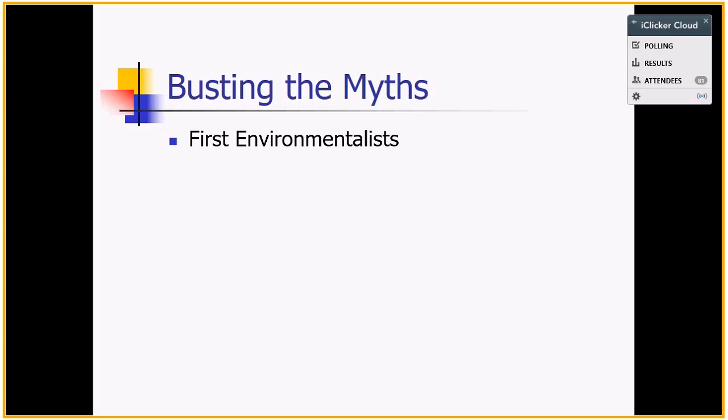Now, true, the Native Americans had a different conception of the relationship between the environment and humans than the Europeans did. The Europeans, again steeped in Christianity, used the biblical description that God gave man dominion or power over all of the land and all of the animals. And it was ours to use as we see fit.